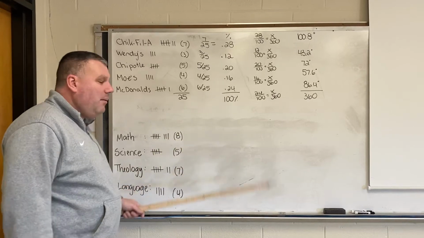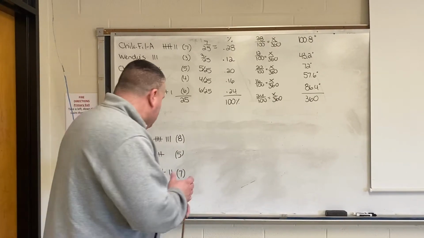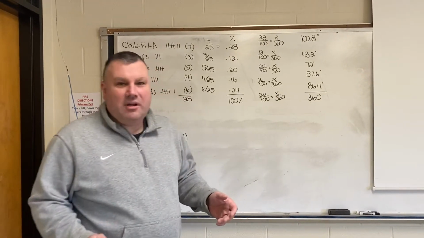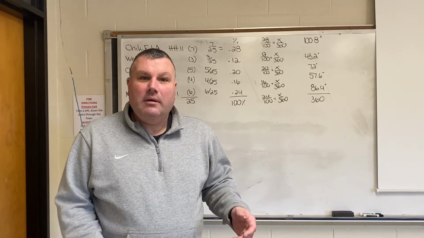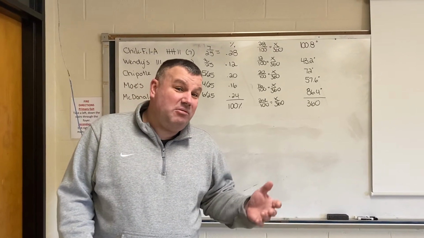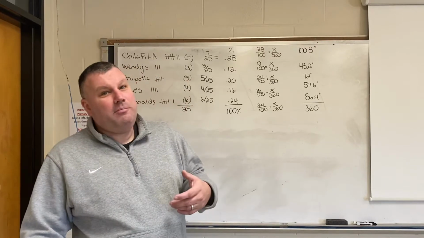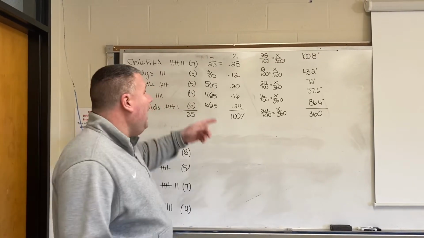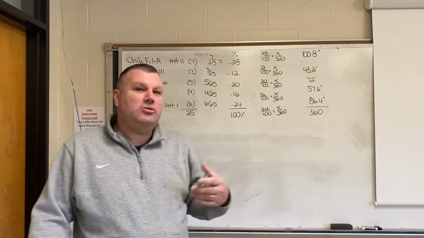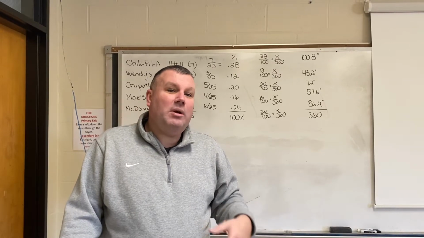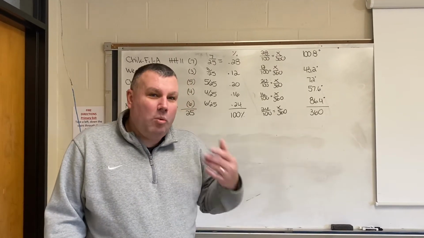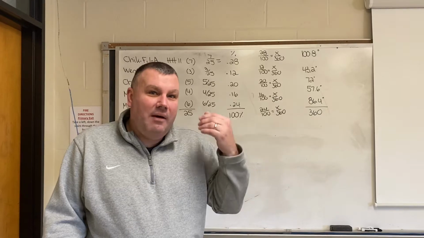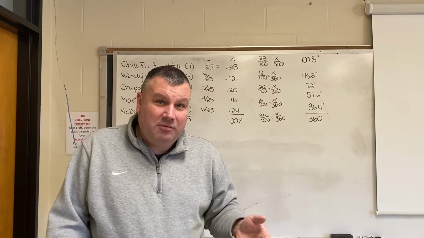Now, if we were to graph this on a circle graph, there's 360 degrees in a circle and you only have 100%. So you wouldn't graph 28 degrees representing 28%. We have to figure out what 28% is of that 360, and we're going to get our degrees.